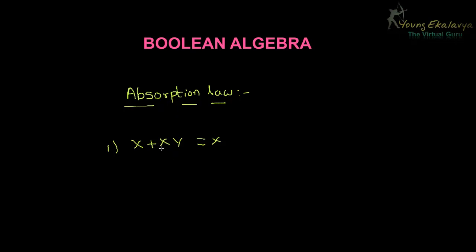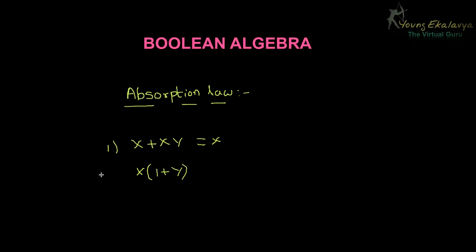Okay. So now how can we write this one? I will take this x as common. So what do we have? x times 1 plus y. I took this LHS and now I am proving it.